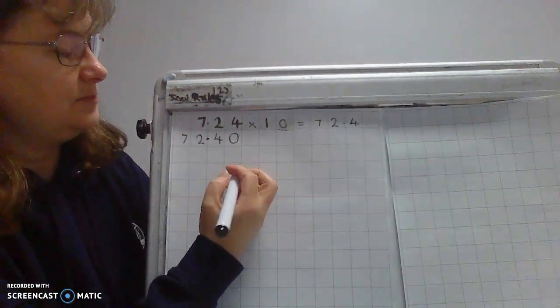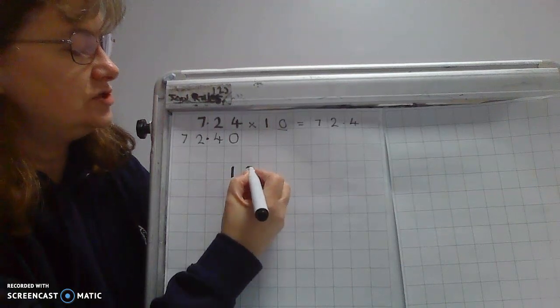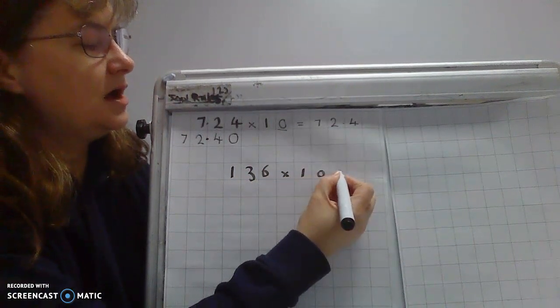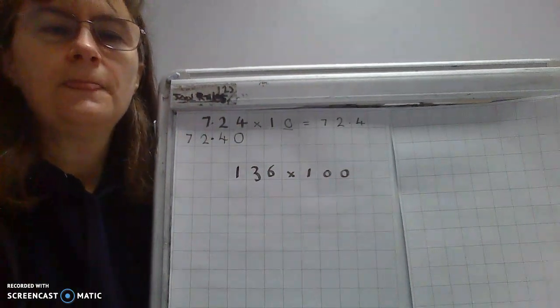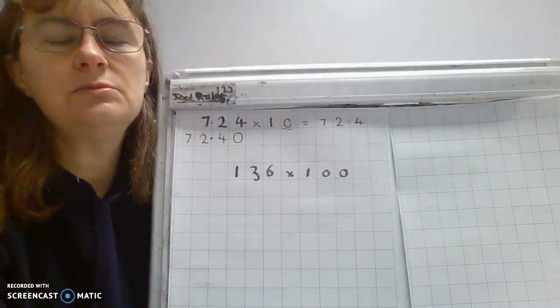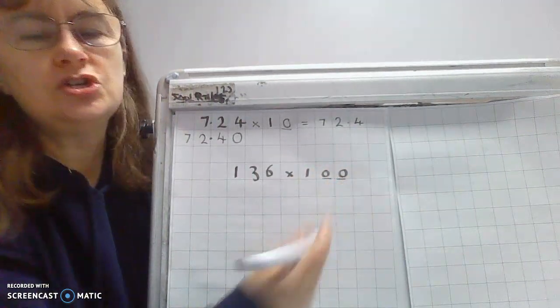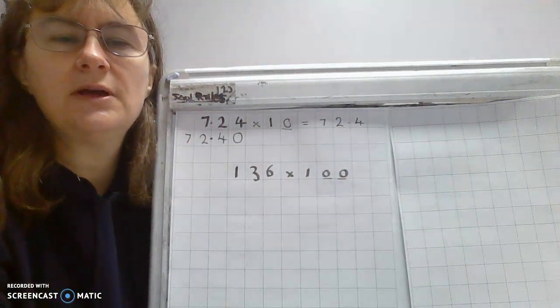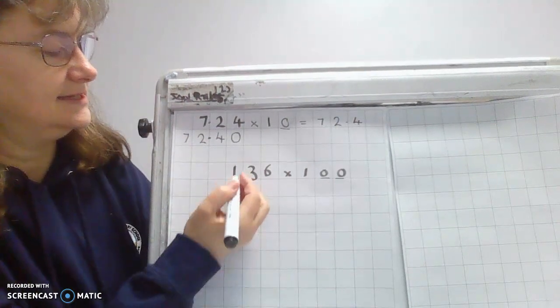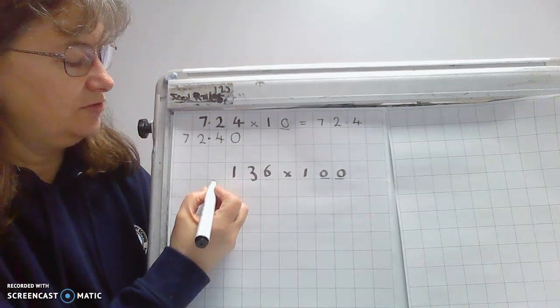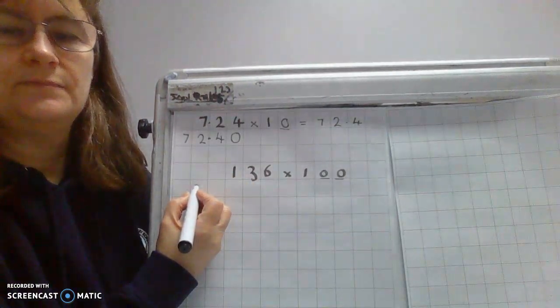Let's try another one. So this time I'm going to go for 136. I want to multiply it by 100. So again, multiplying means we're getting bigger. So we're moving our digits to the left. This time 100, so it's got 2 zeros, which reminds us we're going to move our digits 2 places. So my 1 that's in the hundreds column at the moment is going to move 1, 2 places.